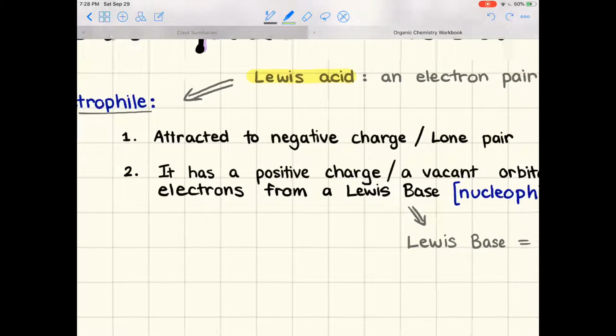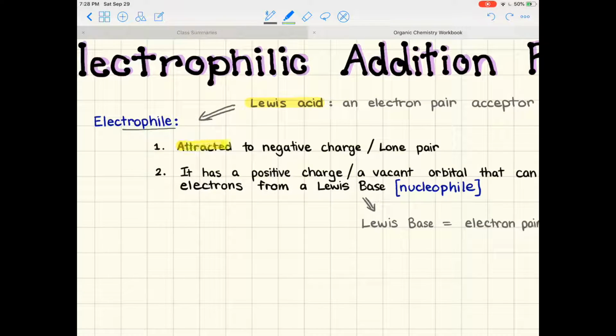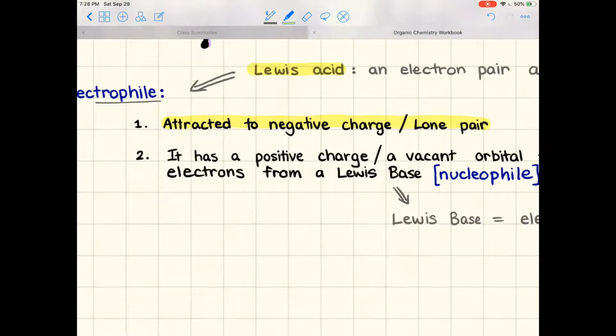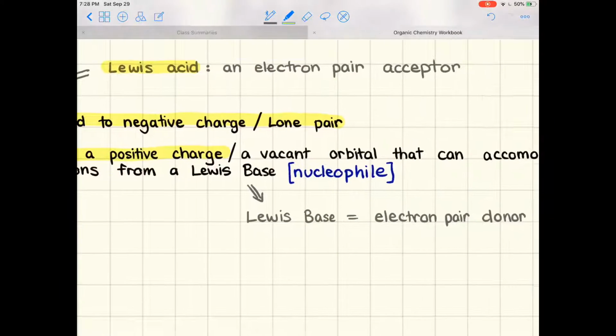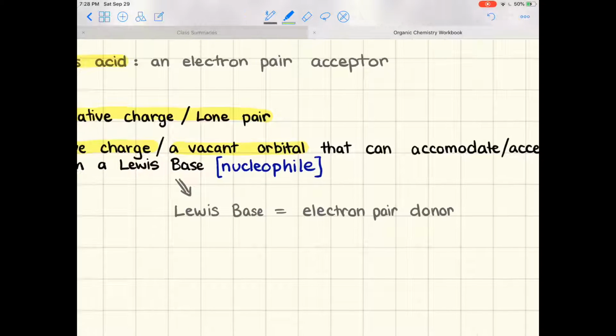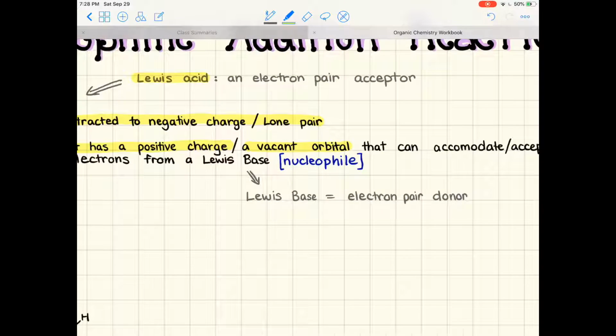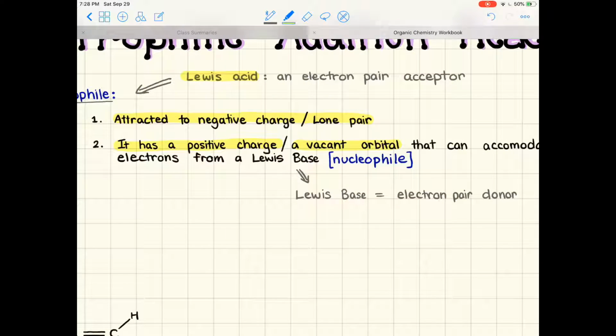Now, why is that? It's attracted to negative charges or lone pairs, and that is because electrophiles have a positive charge and/or a vacant orbital that can accommodate or accept electrons from a Lewis base, also known as a nucleophile.